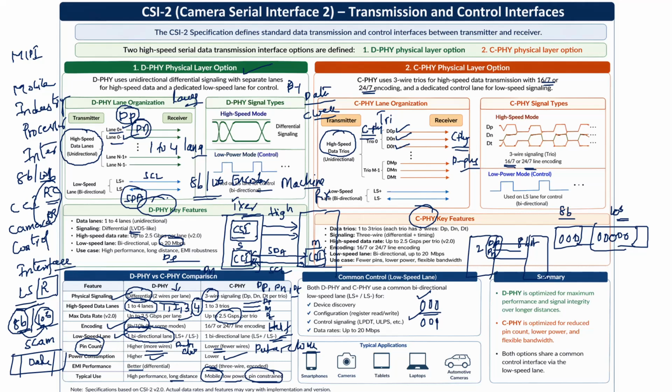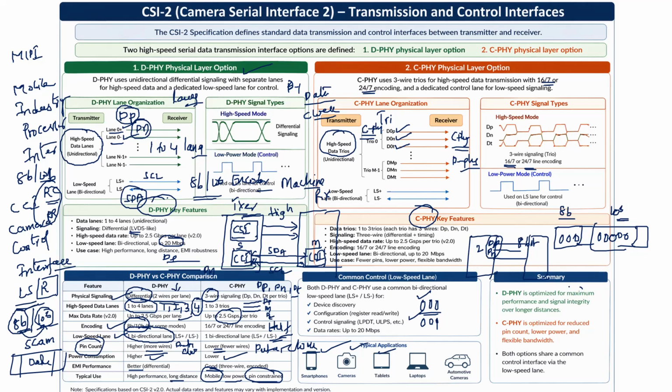So you should remember these differences, because in most interviews you will explain a few of these points about the D-PHY layer and C-PHY layer. Typical applications are smartphones, cameras, tablets, and automotive, where we use CSI.